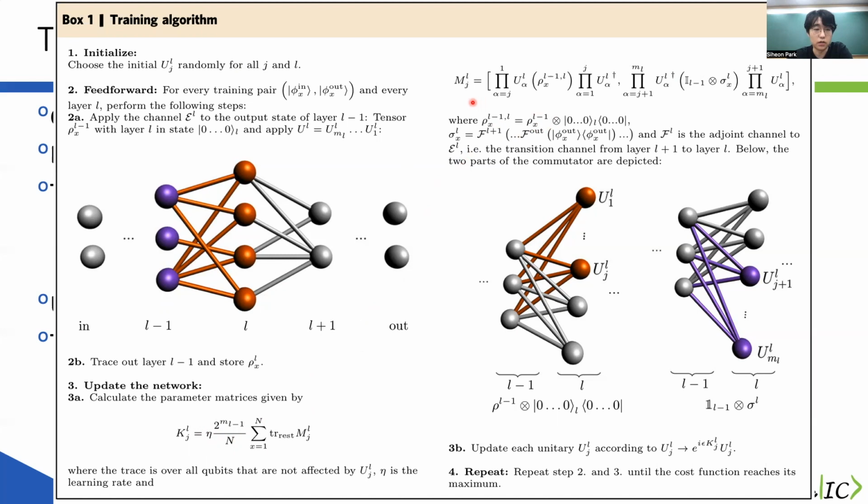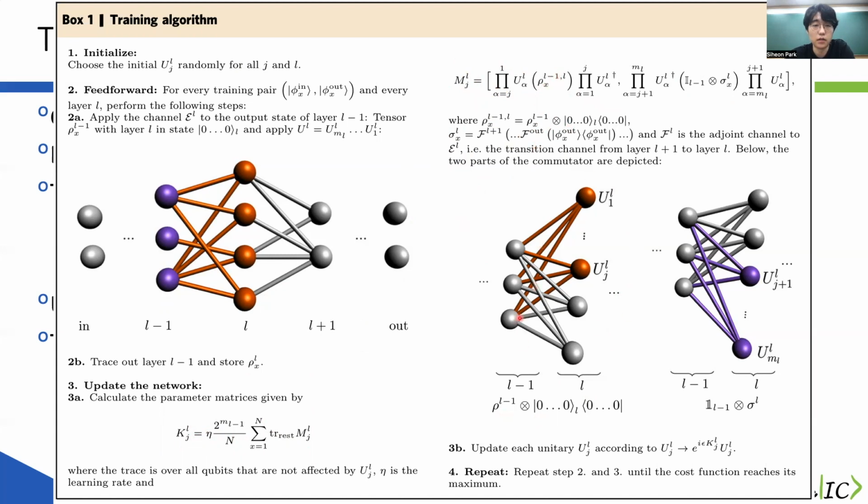Okay, so the important thing to note is that if you're going to calculate K, we need to know what M is, and M is in this form. And here we see this part is this part.